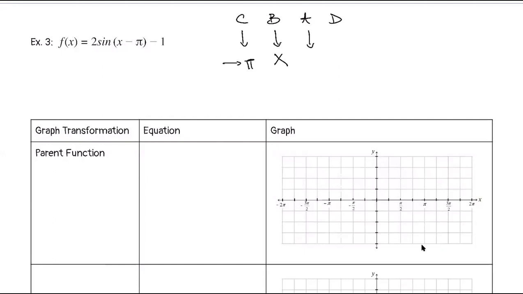We do have an amplitude change. So we're going to multiply all the y values by 2, or stretch it all out by 2 vertically. And then last but not least, we're going to move down 1 unit, okay? Are there any questions about where I'm getting these numbers from?